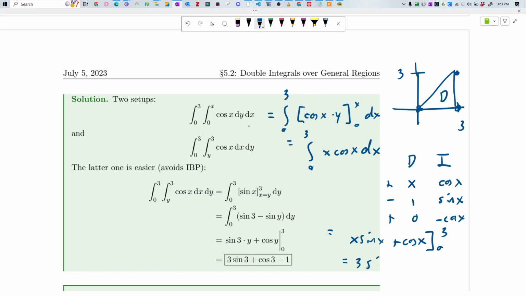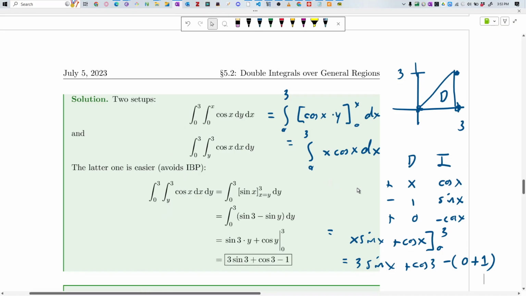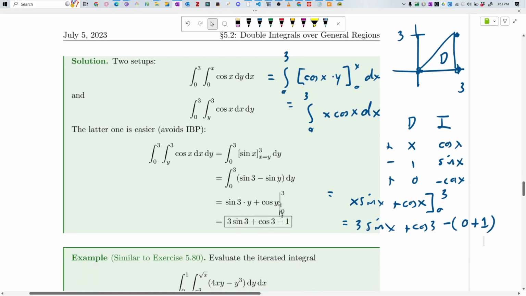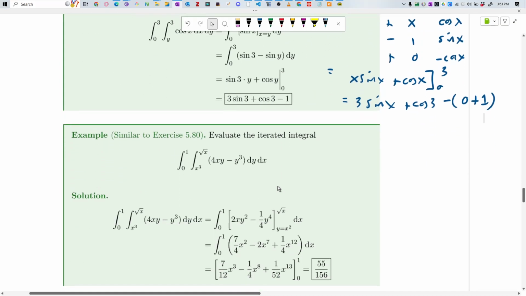And so then you end up with 3 sine 3 plus cosine of 3 minus, plugging in 0, you get 0 plus cosine of 0, which is 1. Okay, so you do get the same answer, but you have to use integration by parts if you did it in the other order. So, I don't know, perhaps it's debatable whether this order was easier. But let's say it is.